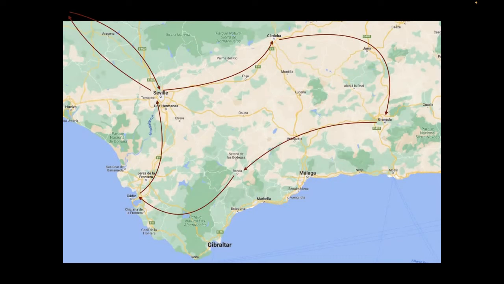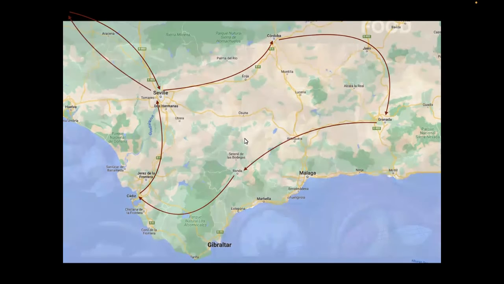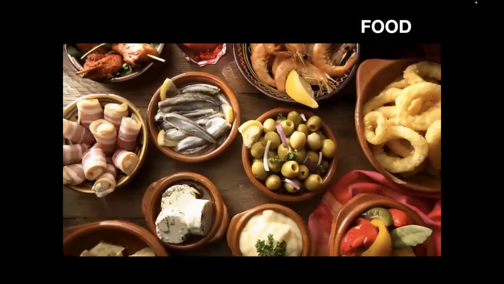Of course, we talked about the highlights of the trip, the sites, the cities, locations, but another highlight of the trip is, of course, the food. Spain is already famous for its food, and especially this region, Andalusia, is quite famous for its tapas.